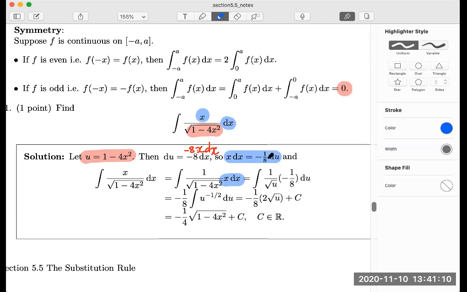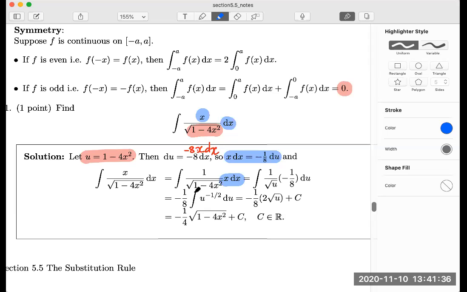Now we write everything in terms of u. So it becomes the integral of 1 over square root of u, and x dx here is negative 1/8 du, right? Then the constant, we can take it out of the integral sign here.